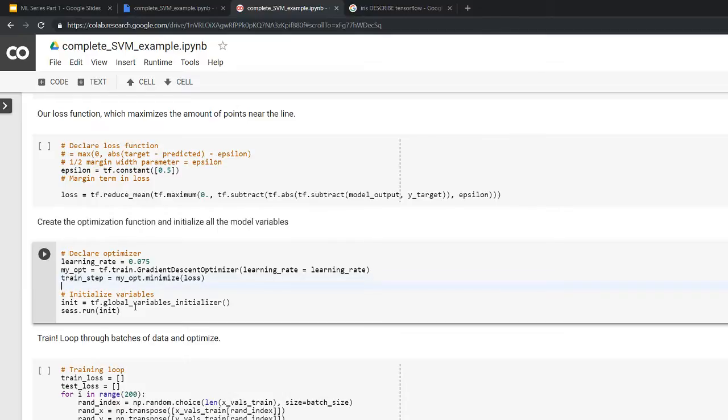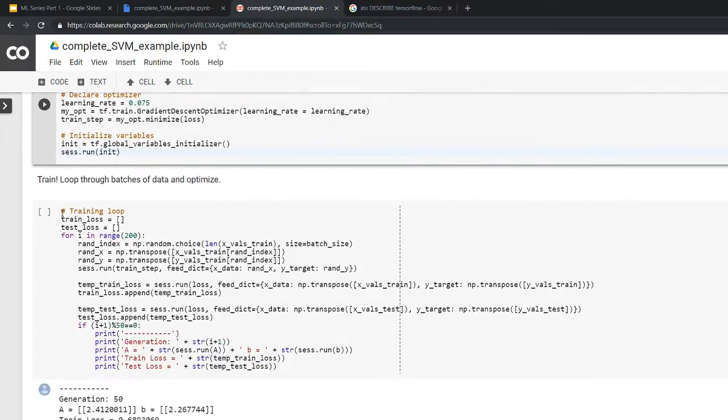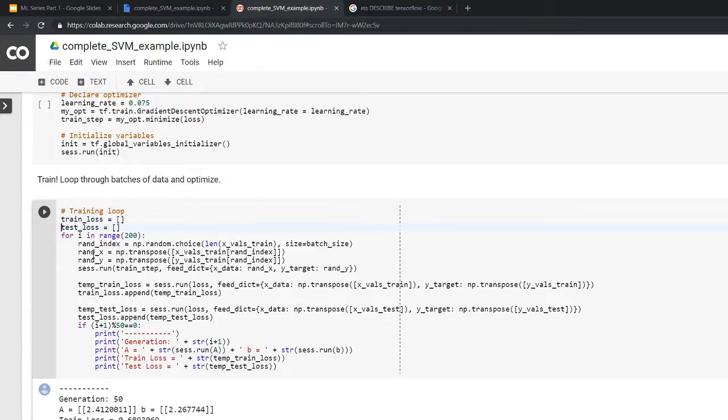TensorFlow has a feature called auto differentiation, I believe. It might be something called backward differentiation, but basically it uses the graph you have constructed to minimize the loss function. I will give you some resources to read after I finish this presentation. And if you're interested, you can learn more about how TensorFlow does it under the hood.